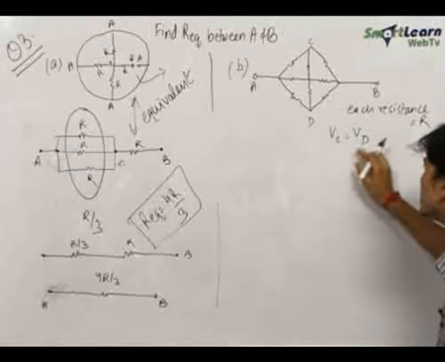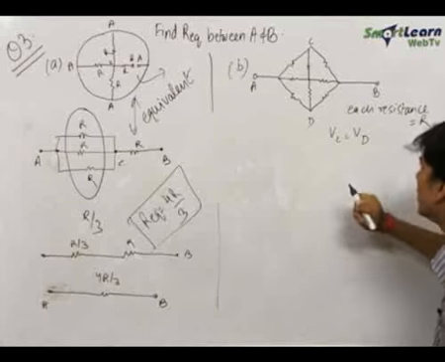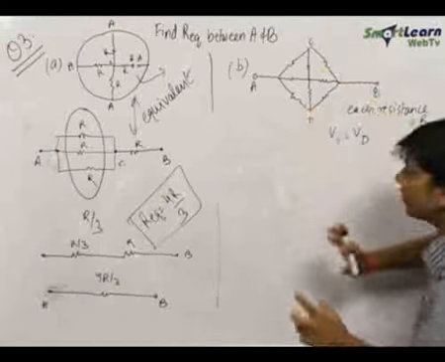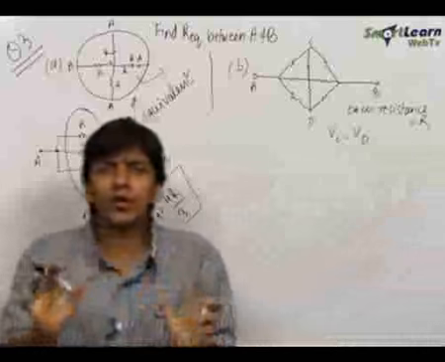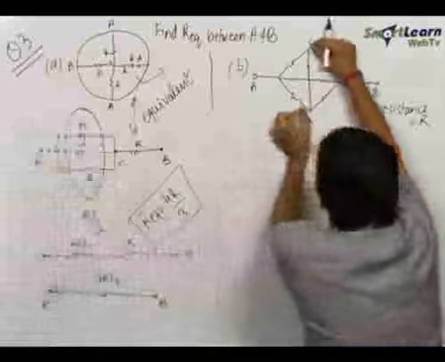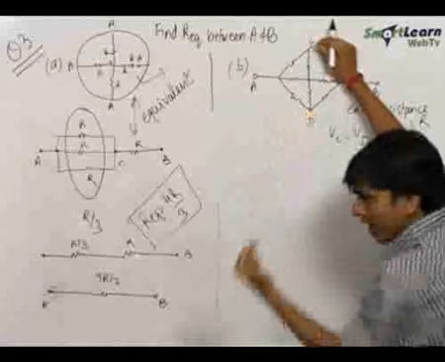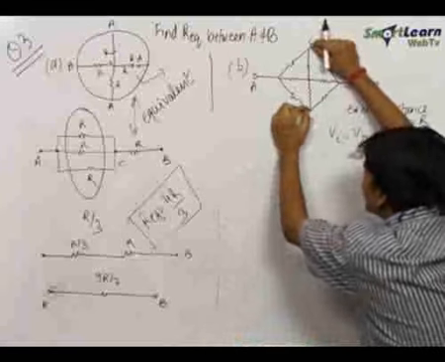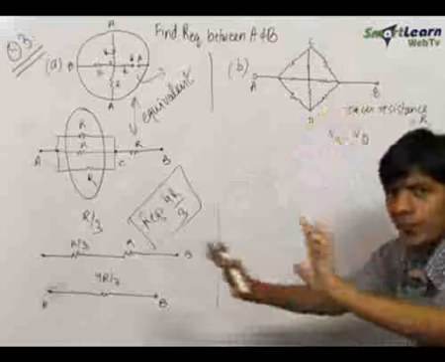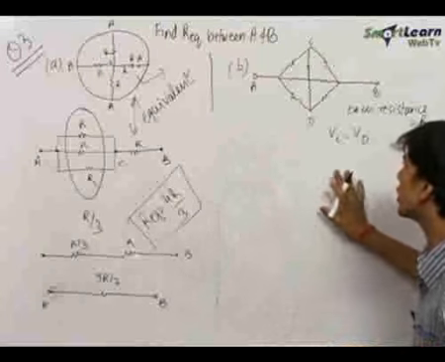So, if the potential of these two points is the same, they can be joined. Just fold this and join, because there will be no difference in the currents passing through the circuit or anything else if we join these two points.